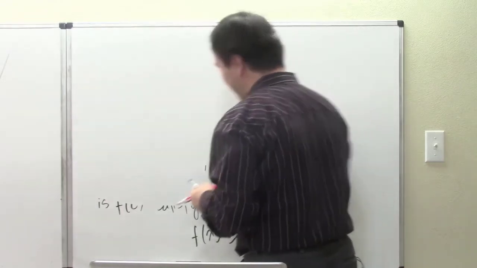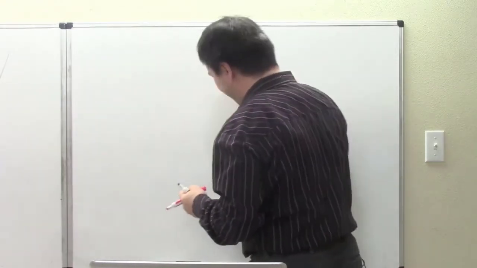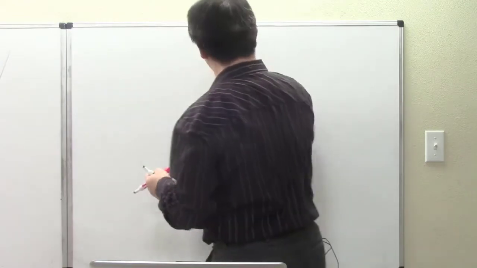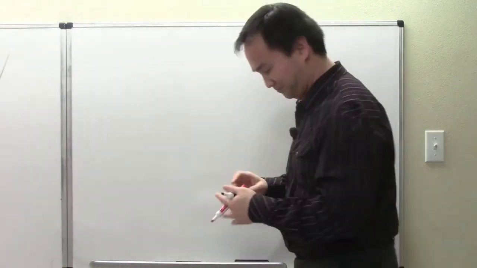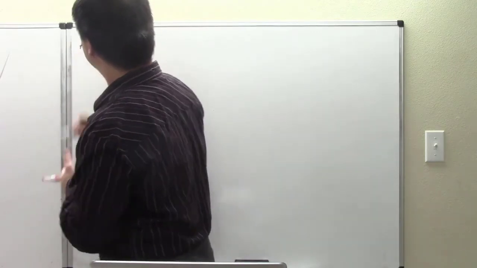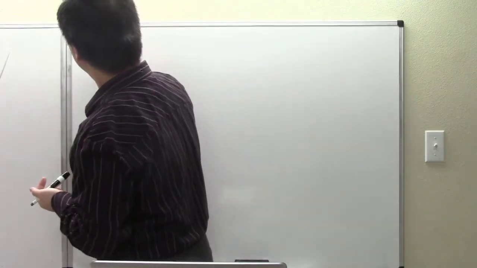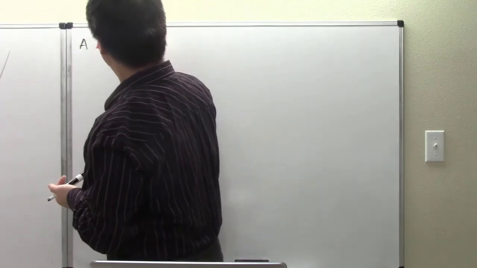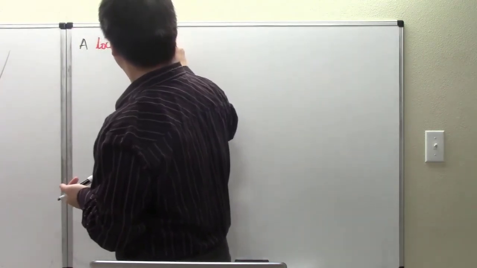But now I'm going to keep improving the definition here. The first definition earlier wasn't too clear, and so now I'm going to say a local, or some other textbooks refer to this as relative.